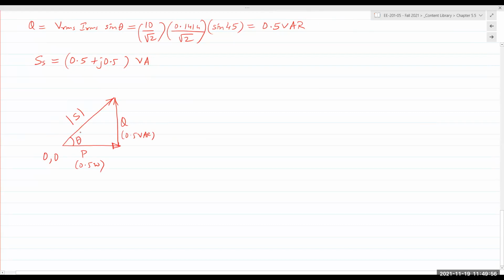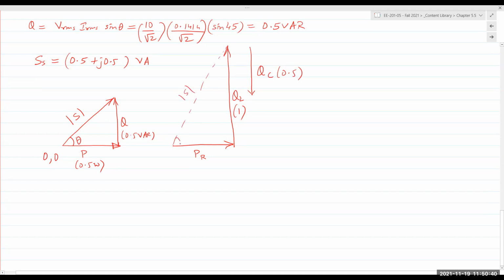If you plot just the resistor and the inductor, you get PR 0.5. And then QL, let's do twice as much, which is 1 VAR, and from that same point, QC brings it down, which is 0.5. So if it was just the inductive load, the utility company would have to supply this much power.